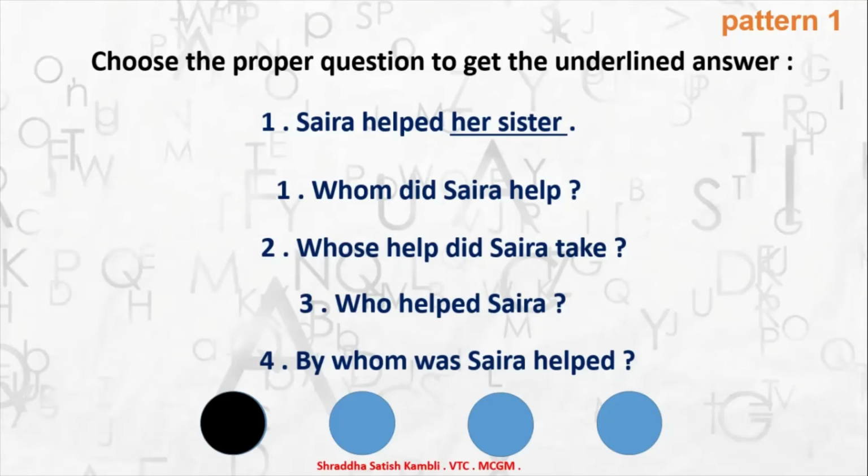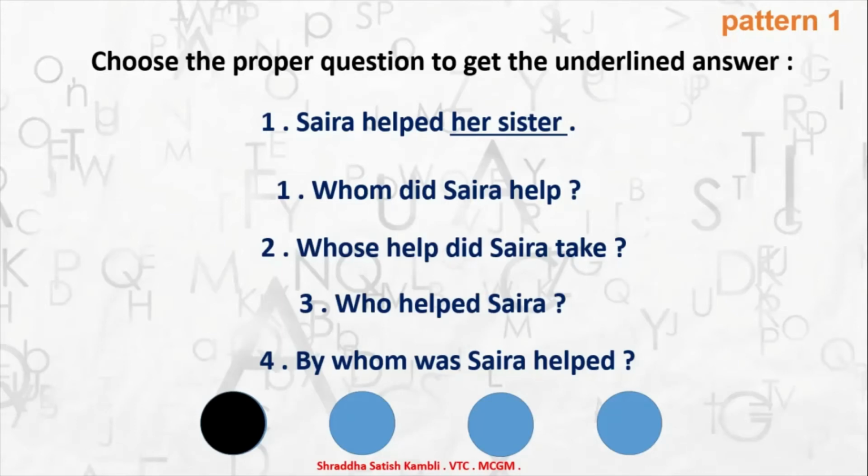If you ask, who helped Saira? Again it is wrong. If you ask, by whom was Saira helped? Again it is wrong. If I ask, what did Saira do? Saira helped her sister. That time the answer would have been correct. But remember, that time you would have to underline the help.